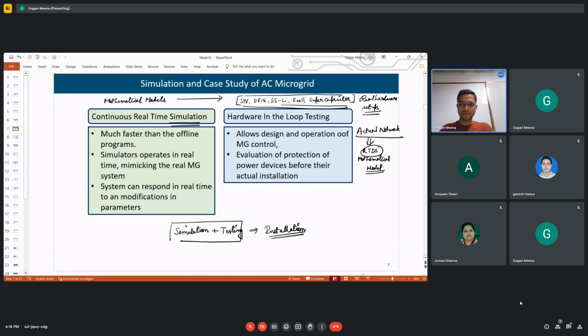Now testing can also involve these, or even after installation we can see the performance of the system using these digital twins which we have discussed earlier. Post installation we can also monitor the performance and even improve it using these digital twins. So is this clear?